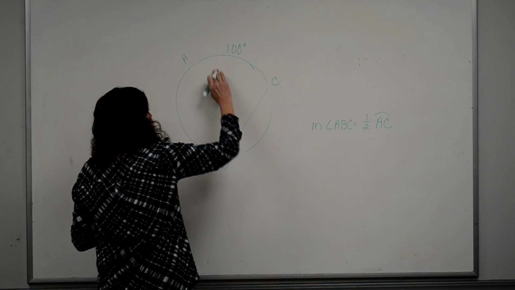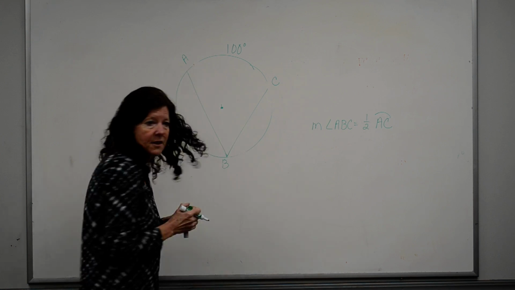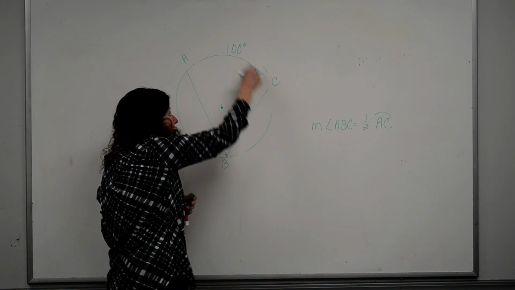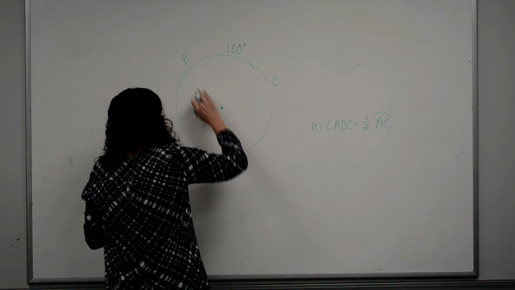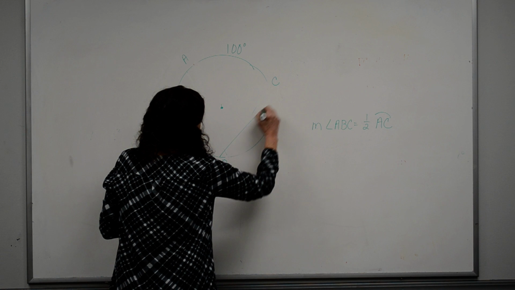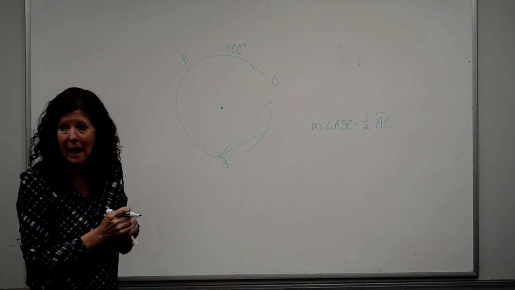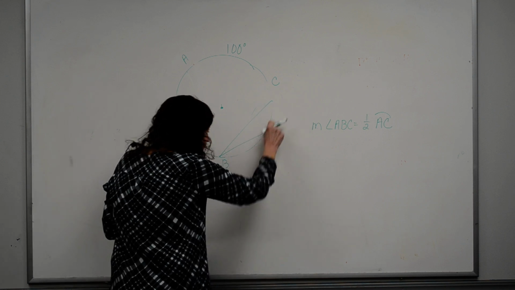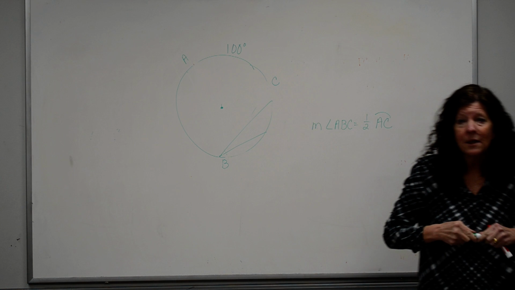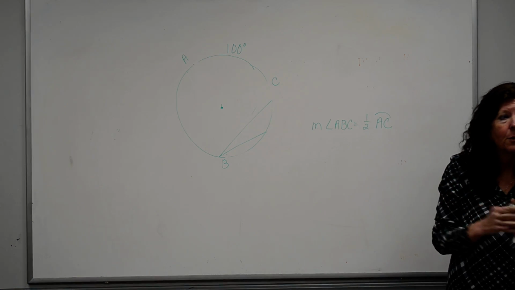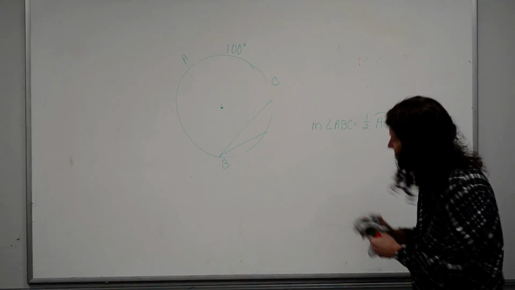I can have it where the center point is inside, and it's still half of that arc. I can have it where the two lines are out here on the other side, outside the center point, and it's still half of that arc. So if it's an inscribed angle, I really don't care where the center point is. It's always going to be half of the arc that it inscribes.